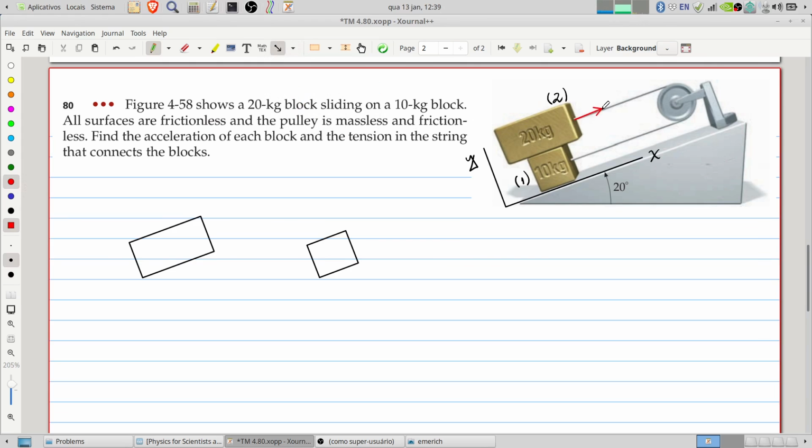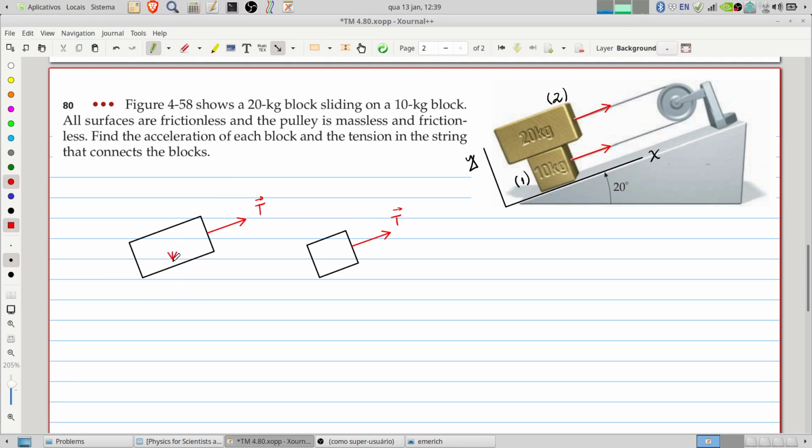Here we have the tension in the string. Of course, the tension in the string is the same for both blocks because it's the same string. So here we have tension and the same tension.